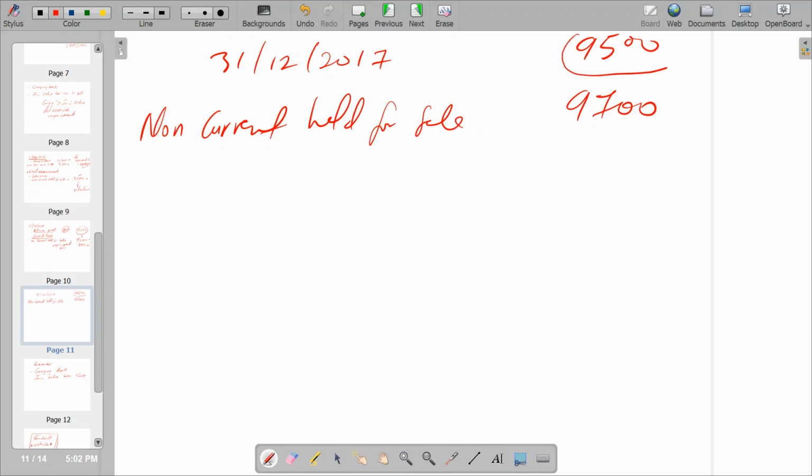So now we can see that there's an increase from 9,500 to 9,700. This is fair value gain. So it will be 200, this minus this. So this will go into our income statement, and then this one will go to our balance sheet.